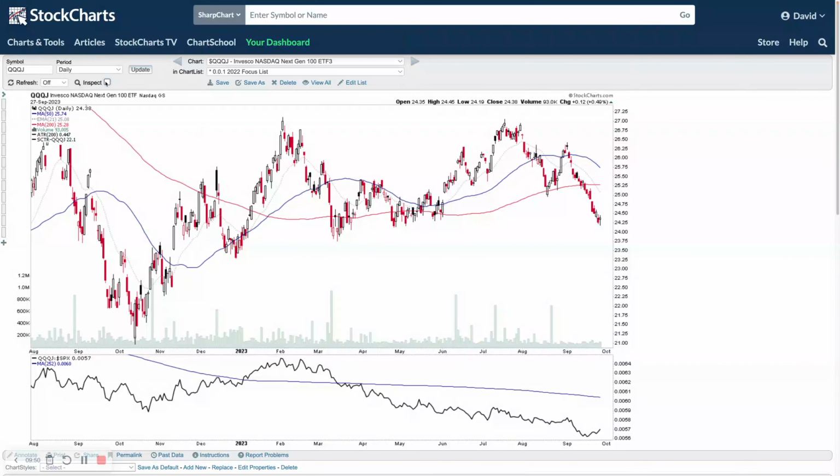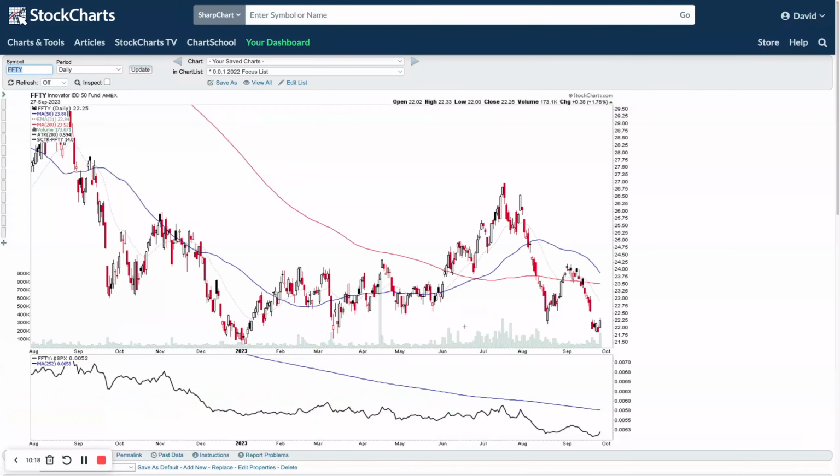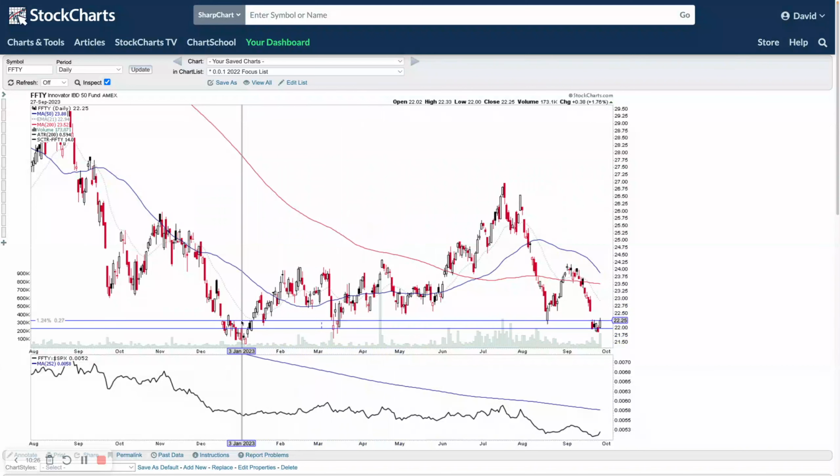So at the moment, year to date has not done too well. You can see the difference in this compared to the Nasdaq 100, which is still up, obviously over 33-34% at the moment. If we look at this since the 3rd of January, it's only up around 1 to 2% at the moment, very similar to what you see with the IBD 50. If we get that one up as well, although that looks worse percentage wise year to date, it actually started off down here, so a similar kind of percentage, just around 1% or so.